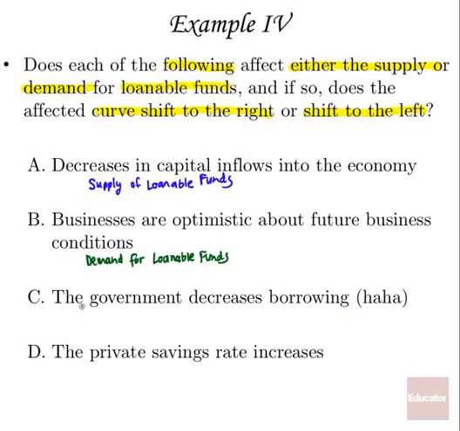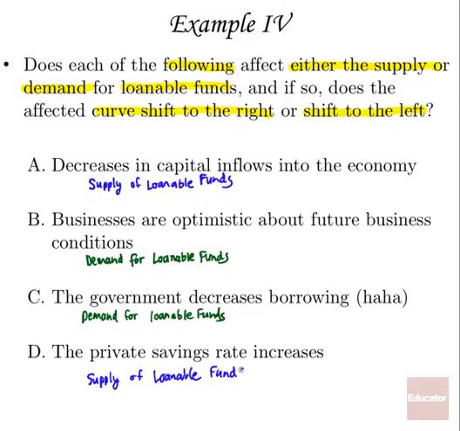But this is clearly going to be another demand for loanable funds, so I'll use green here. And finally, the private savings rate increases. Again, this is a supply issue because that's going to alter the supply of loanable funds. So the correct answer here is supply of loanable funds.